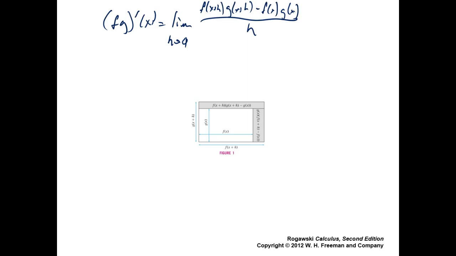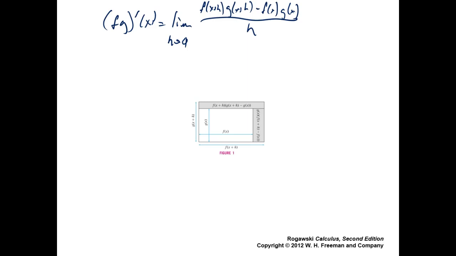Now, if this is your product, f times g, then what they do here is split this into two pieces. Here is your g of x plus h, there. Here's your f of x plus h, there.